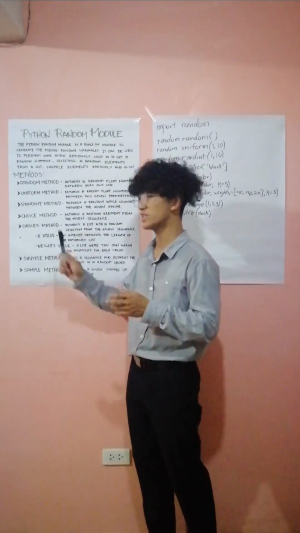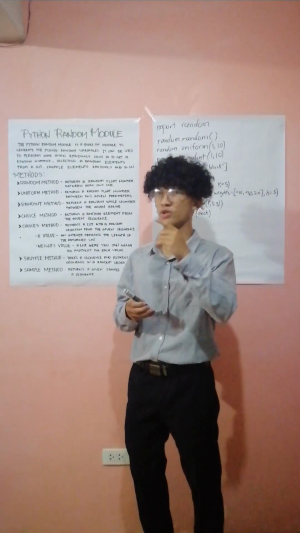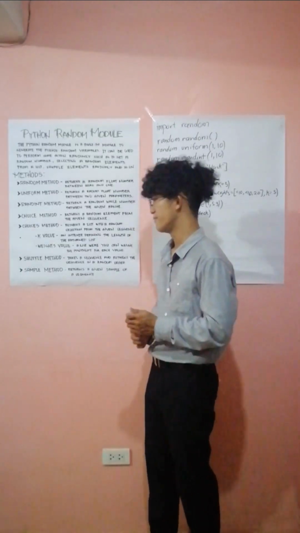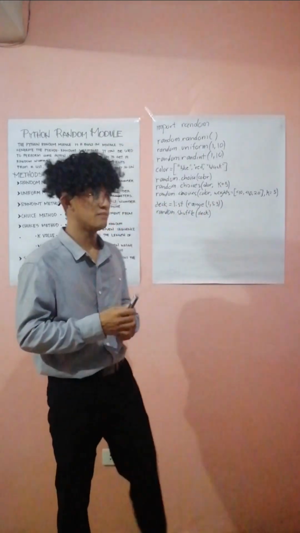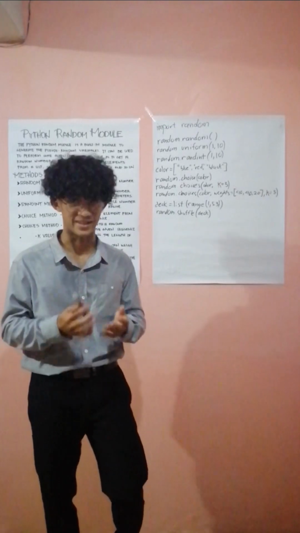So if we use the choices method, we can pick one card twice, which we don't want. So we will use the sample method because it picks a unique element every time, meaning it will not pick the same element twice. Okay, do you understand?